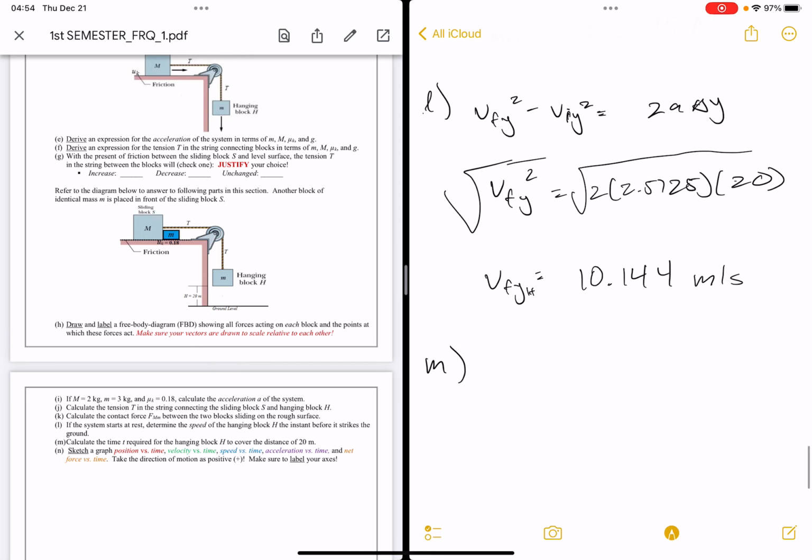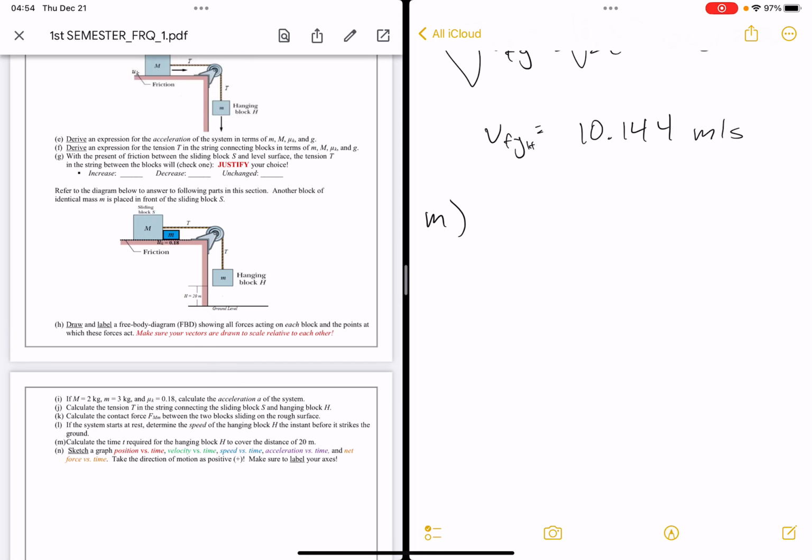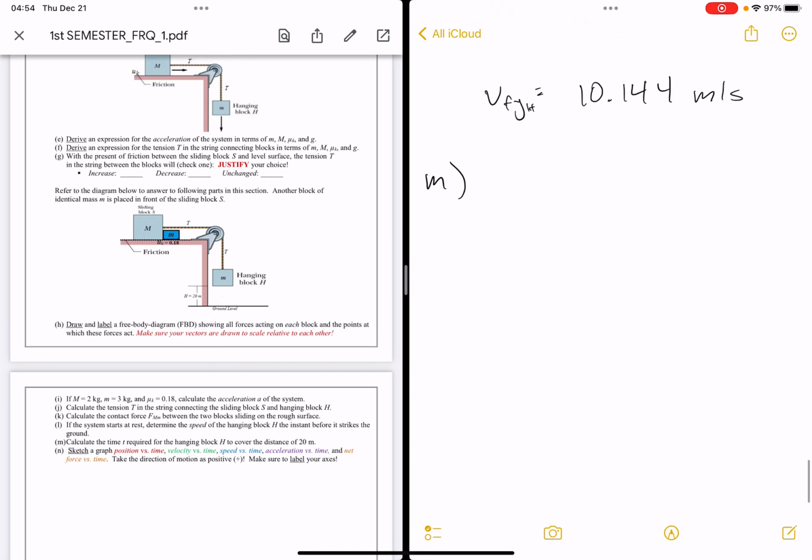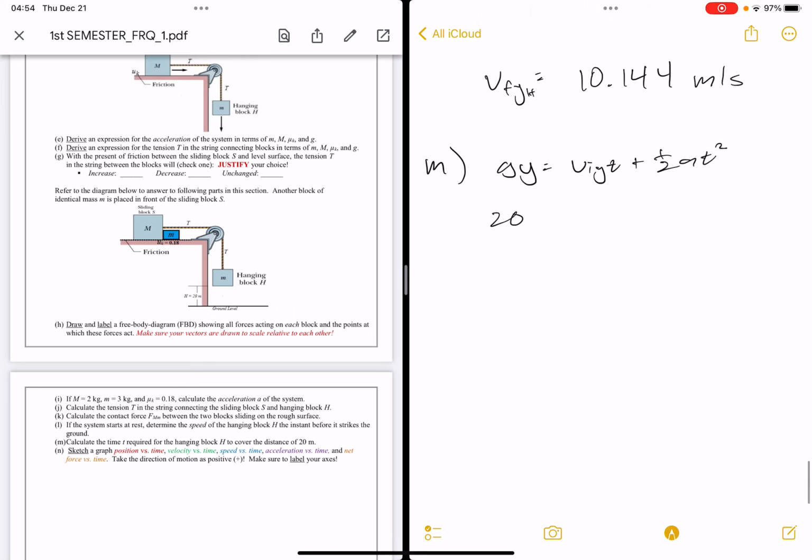So now it's M. Calculate time required. So now I'm just gonna do delta y equals Viy t plus 1/2 a t squared. This is 20 equals, set at rest, 0 plus 1/2 of 2.5725 t squared.